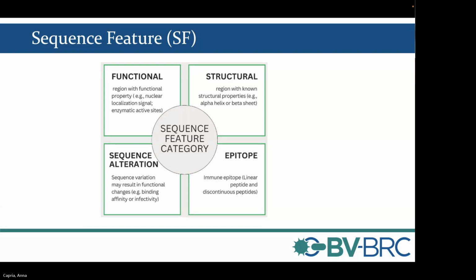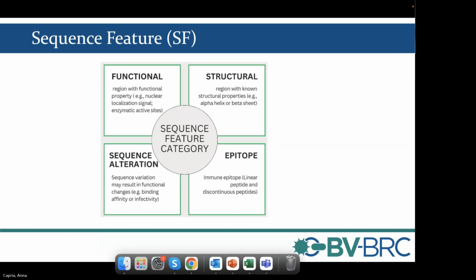Currently we bin sequence features, which we define, into four main categories. One is functional, where the defined region has some functional property, like a nuclear localization signal, a binding site, or an active site. The next category is structural, where the defined region has some structural property. It forms an alpha helix, a beta sheet, or a barrel, anything like that.